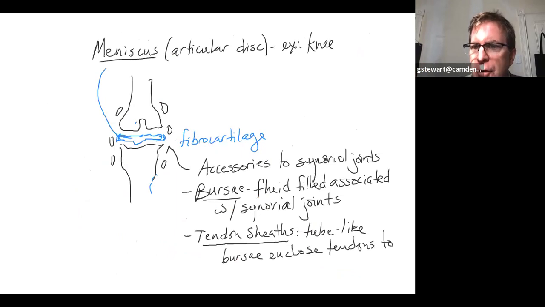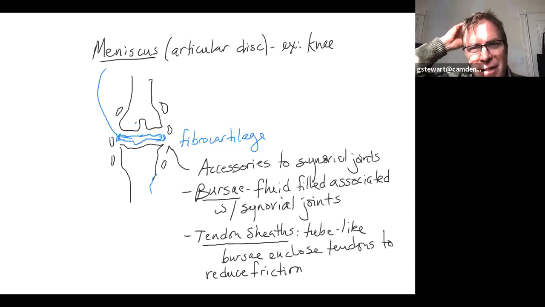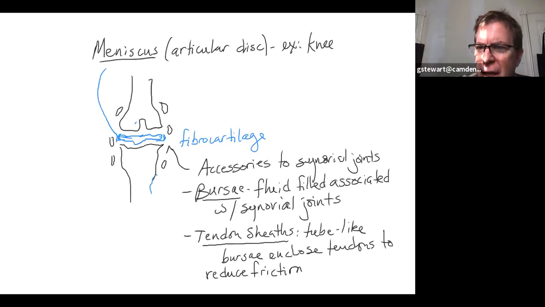to reduce friction. Imagine all of those tendons wrapping around a highly movable joint. Those tendons are going to rub across processes on bones. They're going to rub across crests and sharp places on bones, and they would wear out very quickly if not for protection by these tendon sheaths.